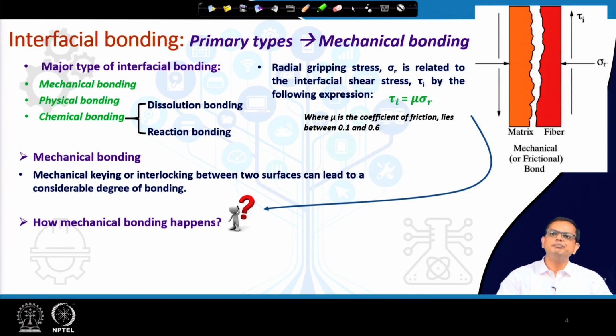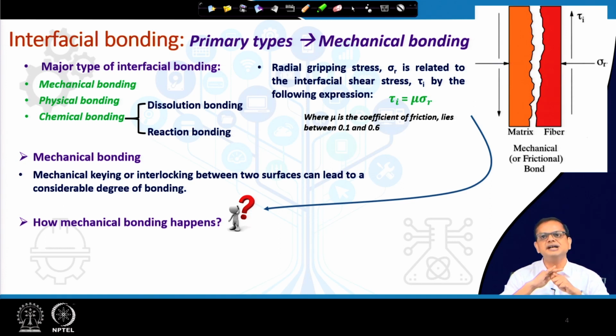Similarly, if by some means we can increase the value of the coefficient of friction mu, how can we increase that? Obviously by increasing the surface roughness, right. So, one factor we learned is that the mismatch of coefficient of thermal expansion, or CTE mismatch, leads to radial stress.